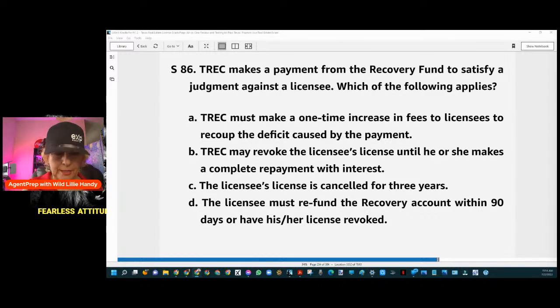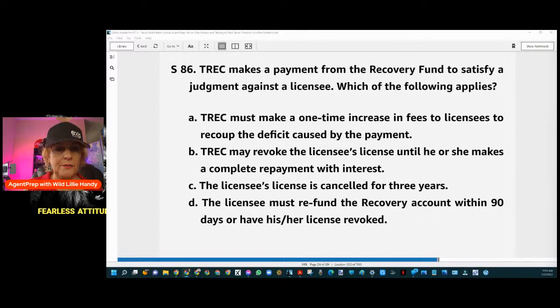All right, no answers. Okay, so it is not D. Oops, I forgot to type that answer in. The answer is actually B. TREC may revoke the licensee's license until he or she makes a complete payment with interest.